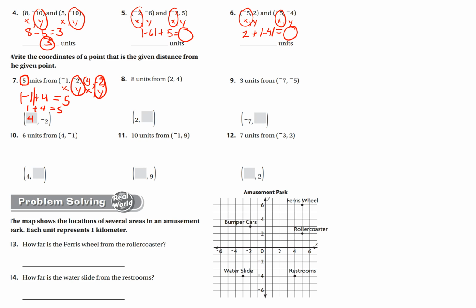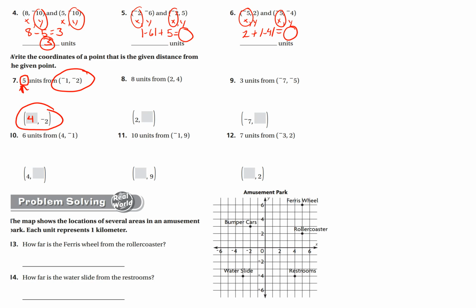Okay, and again, you can graph that once you get the answer. I'm going to erase my work real quick just so you can see it a little more clearly. But once you get this answer, you can graph this point and double check yourself, see if it is in fact 5 units away from each other. Okay, so you can always check your answer on these.